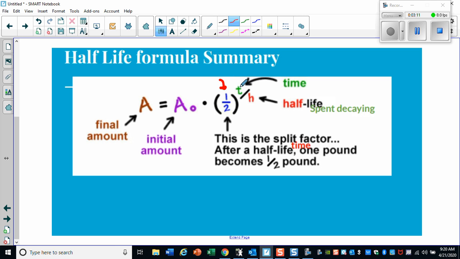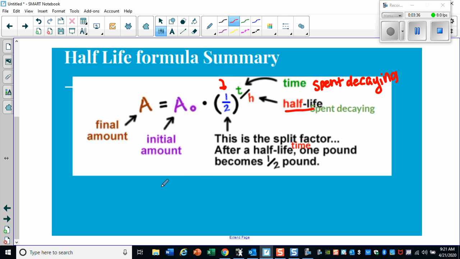So the numerator in your exponent is going to be the time that it is spent decaying. So this is the portion that's going to change each time. The denominator here is going to be the half-life time that is given to you in your problem.